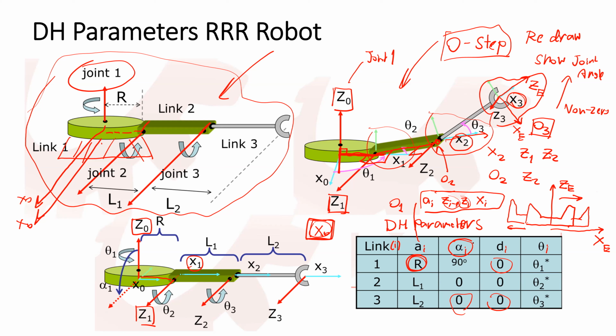For the link twist, it needs to be measured about the Xi direction, which means your thumb should point along the Xi direction and the forefinger will be in the Ci minus 1 and rotate to Ci.